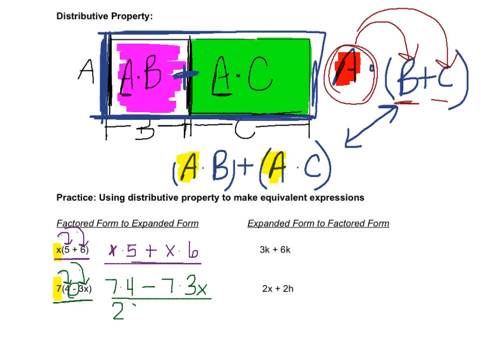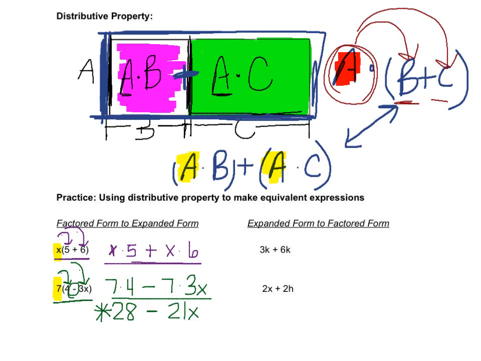So I could simplify this to be 28 minus, and then I can multiply 7 times 3, so I would have 21x. Right now, I'm not as concerned with the simplifying part, but I want you to begin to see how we share what's on the outside with what's on the inside, or we distribute.